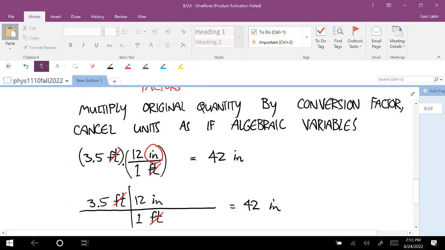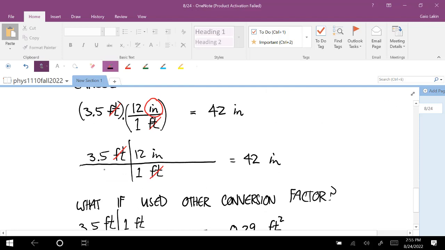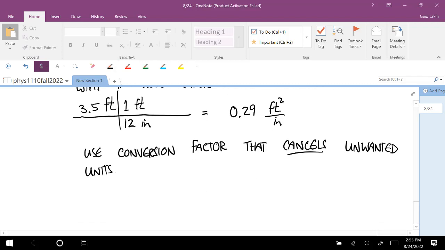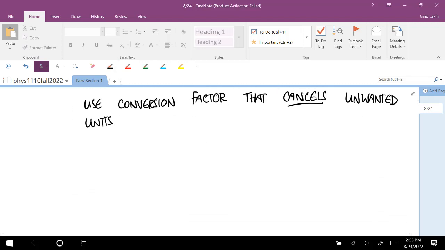And so when we write 3.5 feet in the numerator, that means our conversion factor has to have those unwanted units of feet in the denominator. Otherwise, it's not going to cancel. So that's how you can tell which one you want and which one you don't want. Any questions?